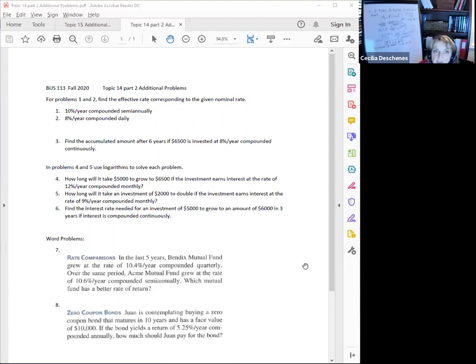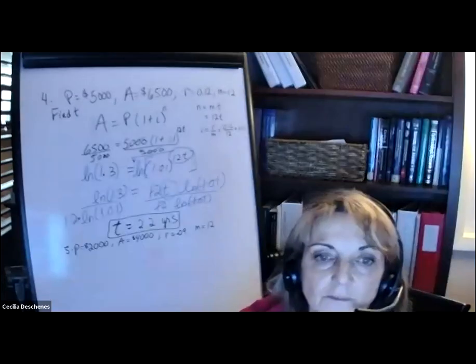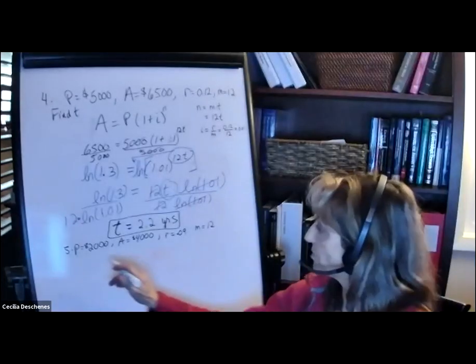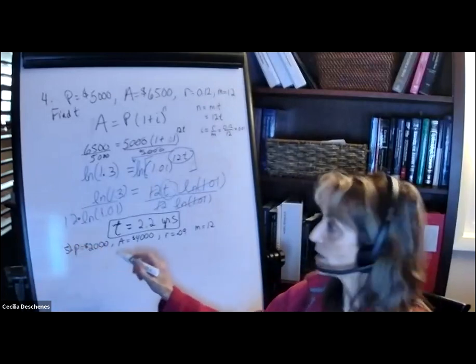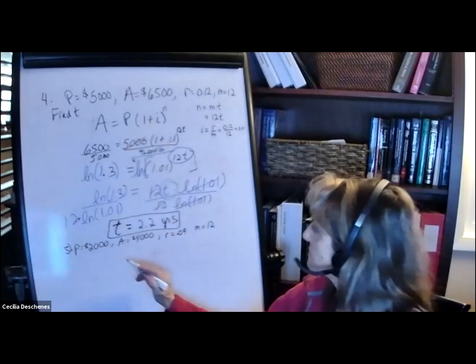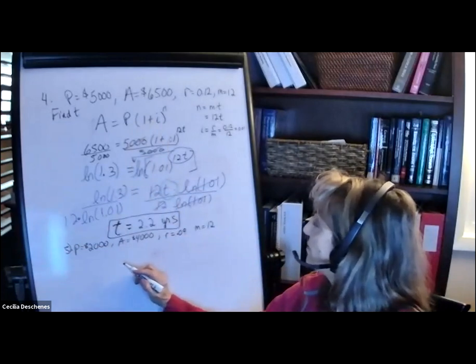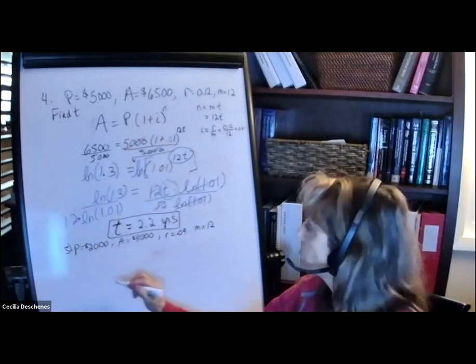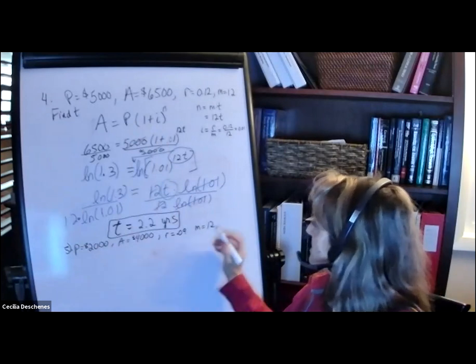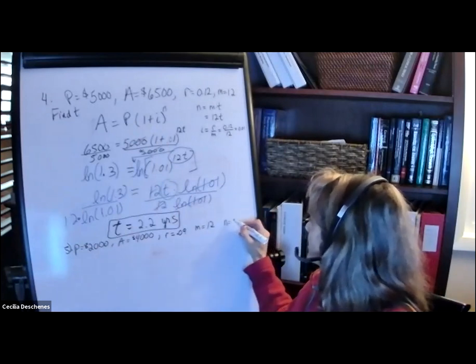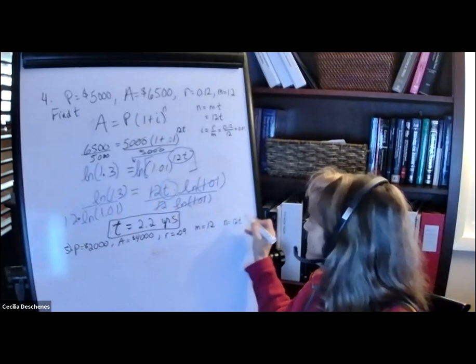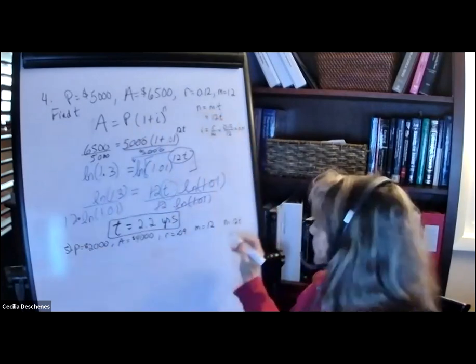All right, so now let me go back to the whiteboard. I've written everything out for problem 5, and I'm going to use my formula and figure out how much time this is going to take. The one thing that I need, remember, N is MT. So our N is going to be 12T, just like it was in problem number 4.